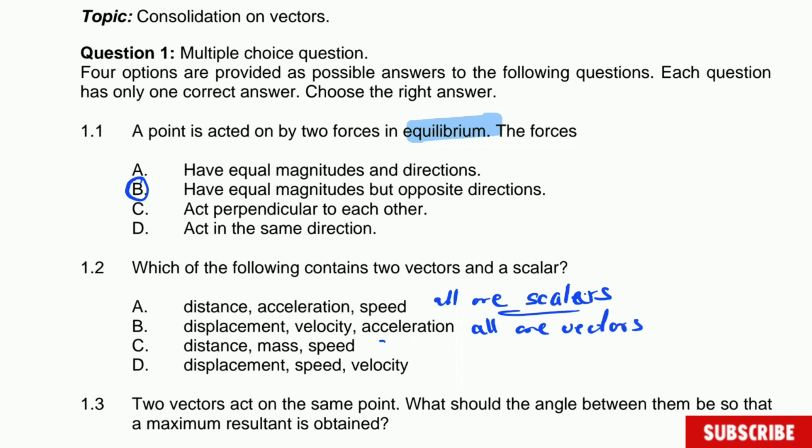All scalars. D. Displacement, speed, and velocity. Okay, displacement is a vector. Velocity is a vector. But speed is a scalar. So the correct answer is D.